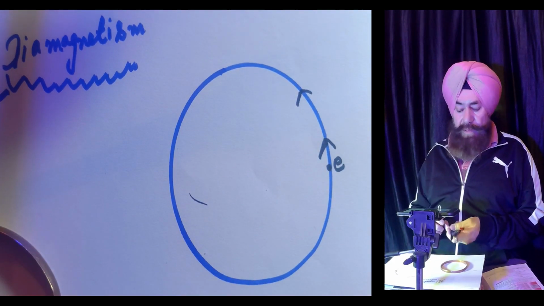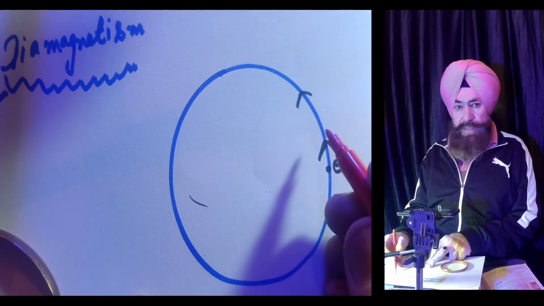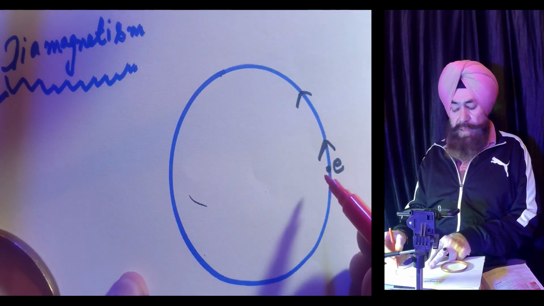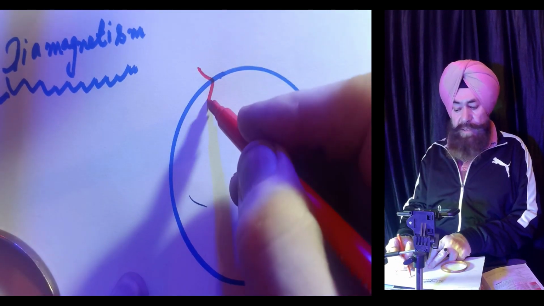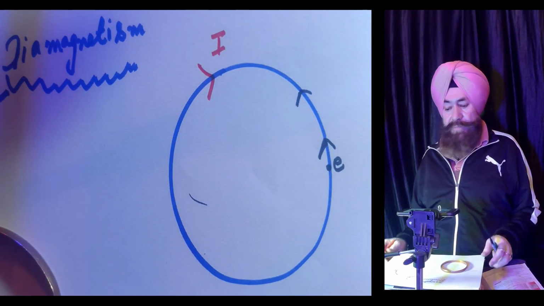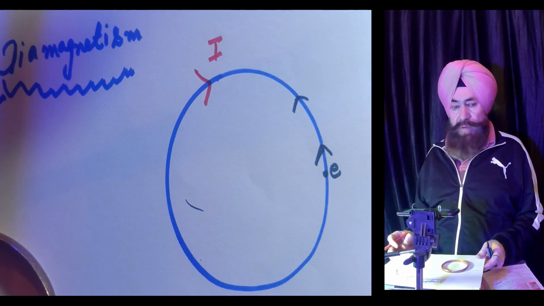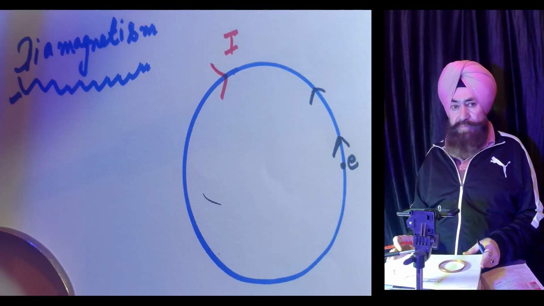And you know very well the direction of the current is the other way around. If the electron is orbiting anti-clockwise, then the current direction will be clockwise. Current is along the clockwise direction.